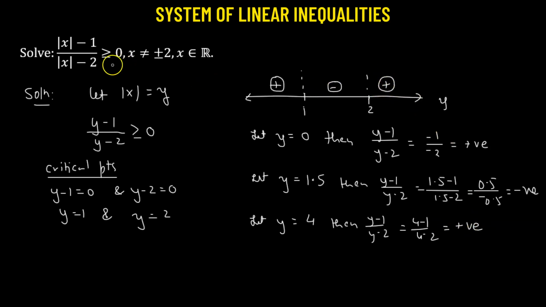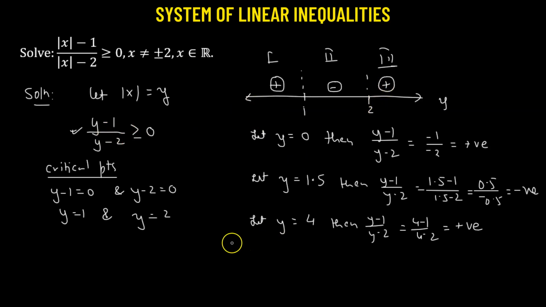That means we have to consider a region for this particular inequality such that we have a positive value, greater than or equal to 0. So we have these three regions. Of these three regions, 1 and 3 are the regions where the value of y minus 1 over y minus 2 is greater than or equal to 0.